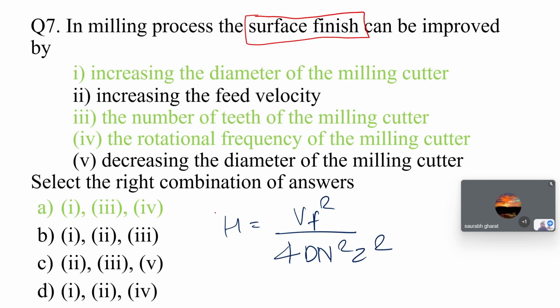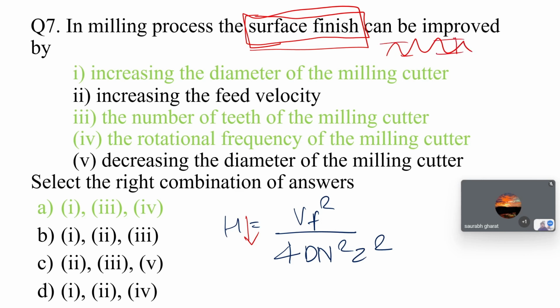So what do we require here in the milling process? Better surface finish. What does it mean? Your H max should be less. Surface finish must be improved, meaning your roughness will be less, meaning your H max will be less.